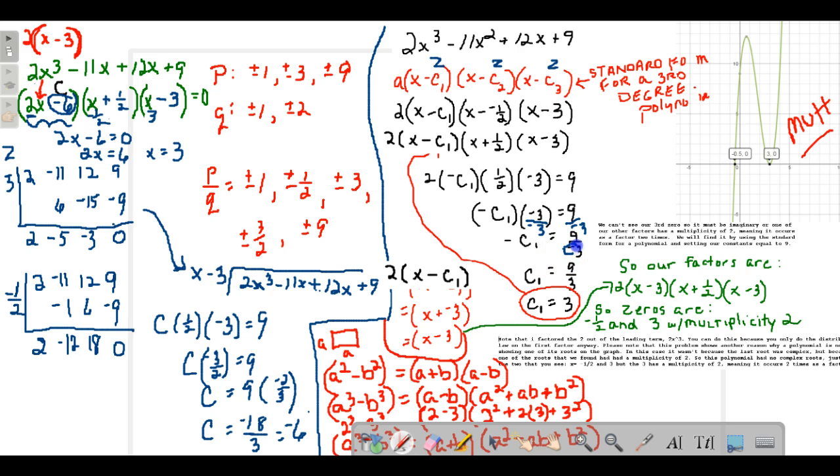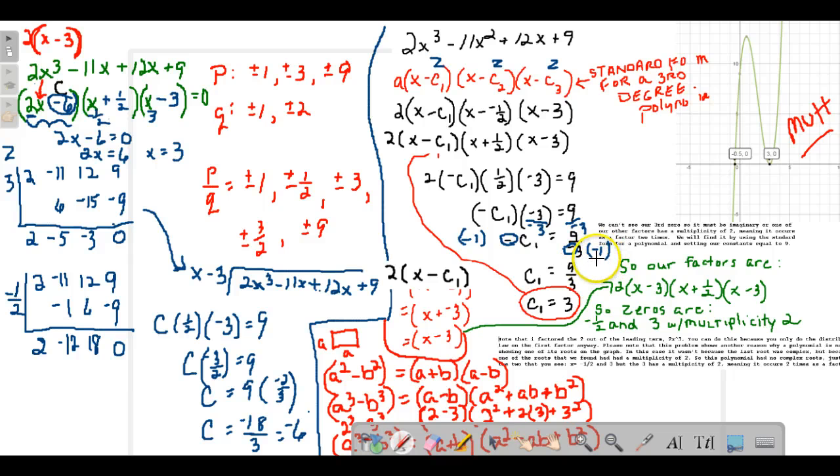You can just cancel that negative sign out, because really I could say, you know what, I'm going to just multiply both sides by a negative 1 to get rid of that negative sign. So now negative 1 times negative 1 is just a positive 1, and positive 1 times C1 is C1.